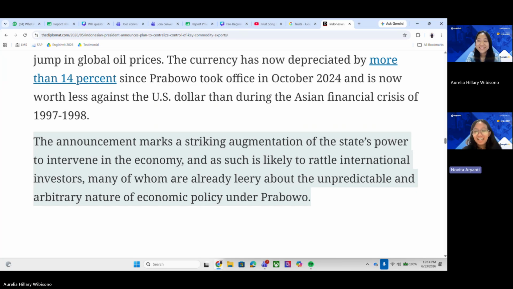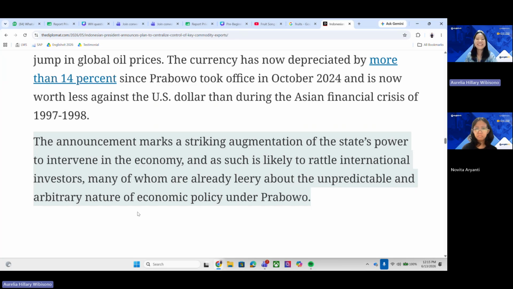Go about the unpredictable and arbitrary nature of economic policy under Prabowo. I think I will ask regarding arbitrary in here. Wait, let me check it. I also don't know that word. Arbitrary nature usually refers to a decision, rule, or concept that is not based on any fixed system, logic, or inherent necessity. Instead, it's based on random choices, personal preference, or social agreement.